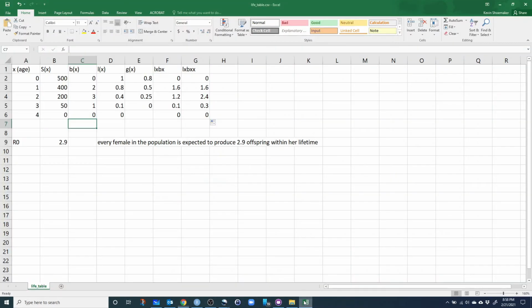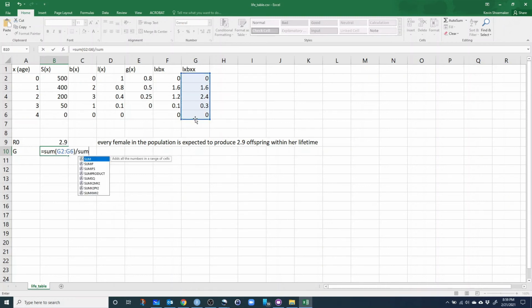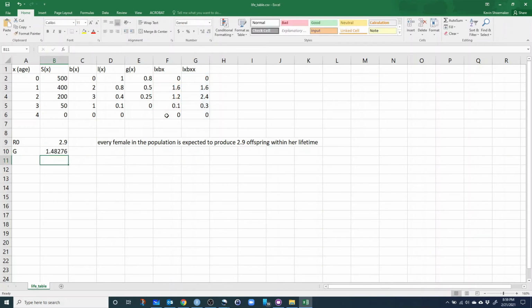So in Excel, we can do that relatively easily. Generation time is equal to the sum of all these quantities divided by the sum of all these quantities here. And that gives us a generation time of 1.48.